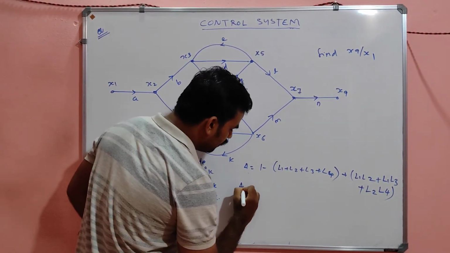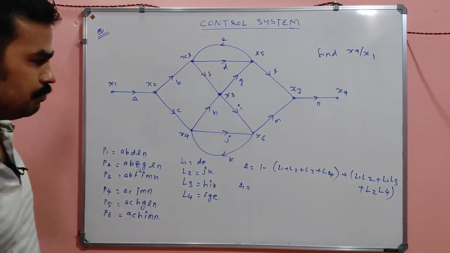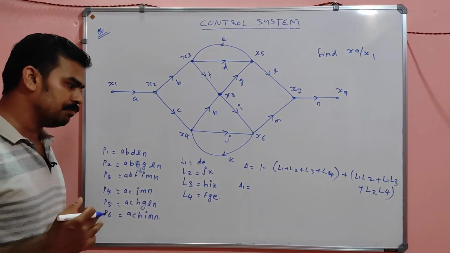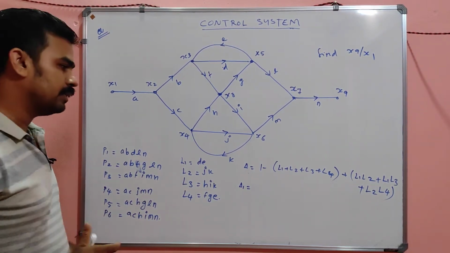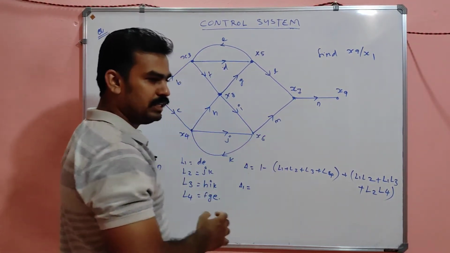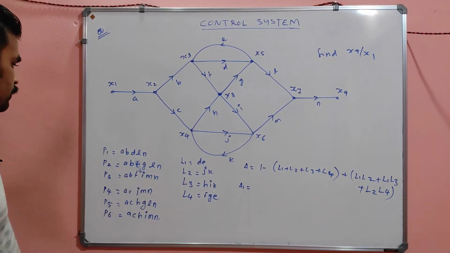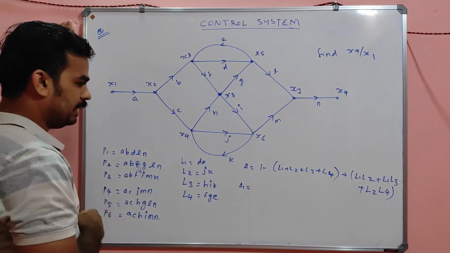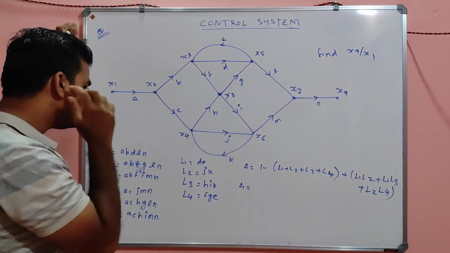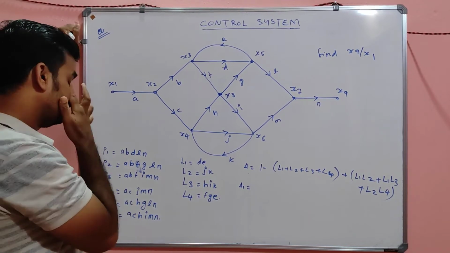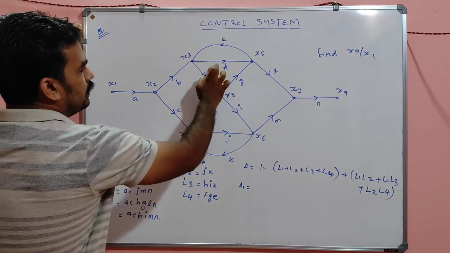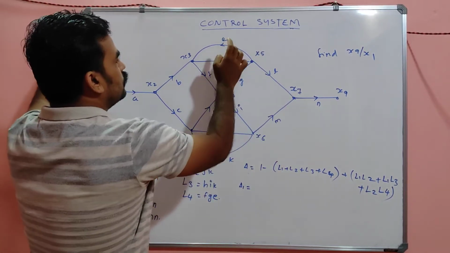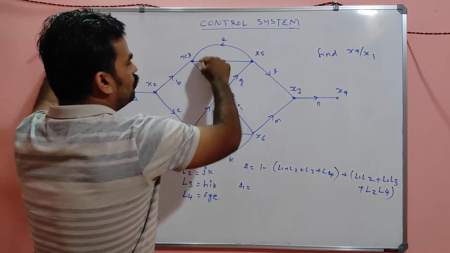Then what will be del 1, my dears? Del 1 is equivalent to del, except for the loops which are touching the first forward path. What is our first forward path? ABDLN. How many loops are connected to ABDLN? This and this bigger loop will touch, right?